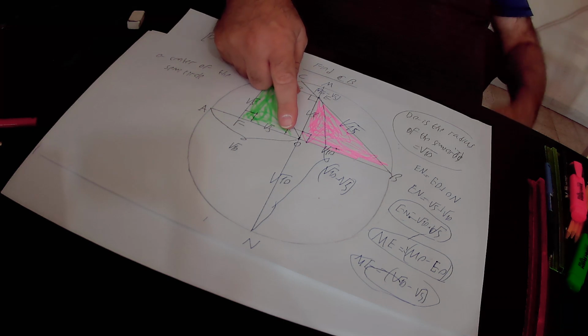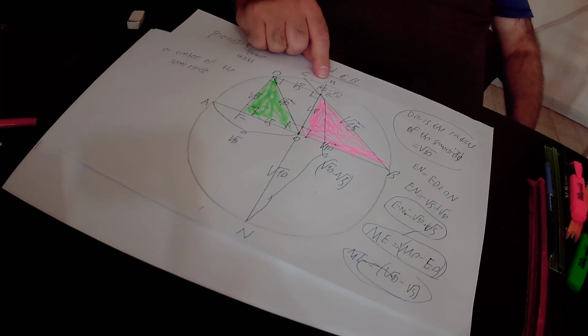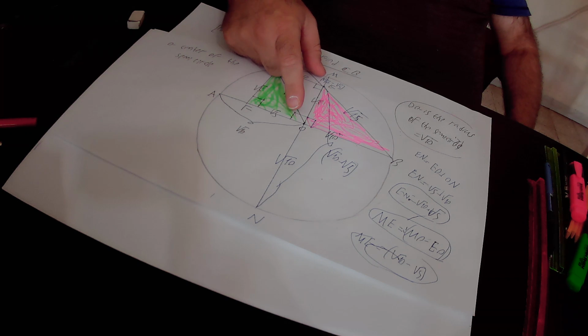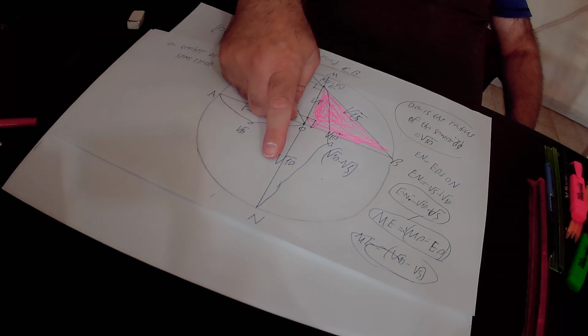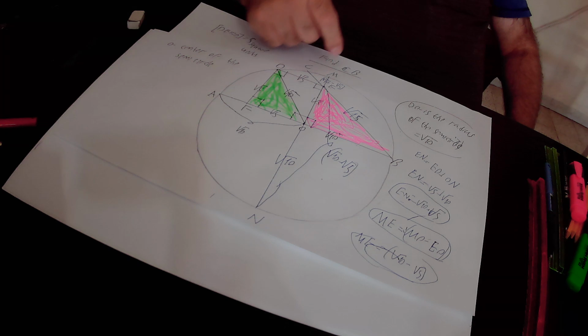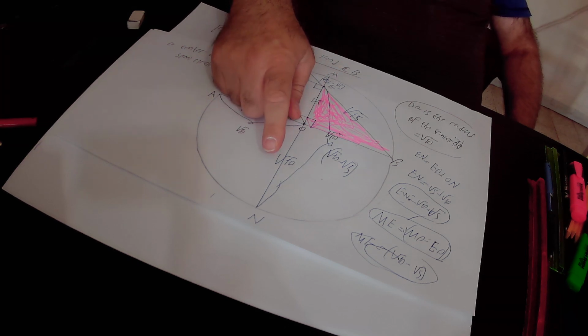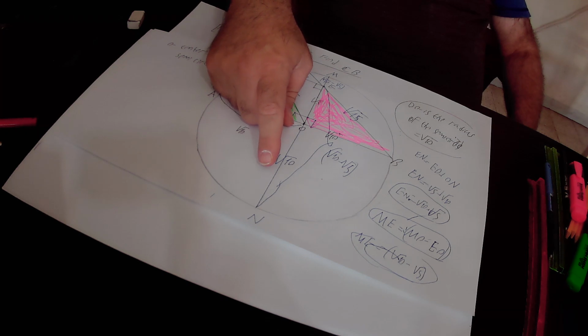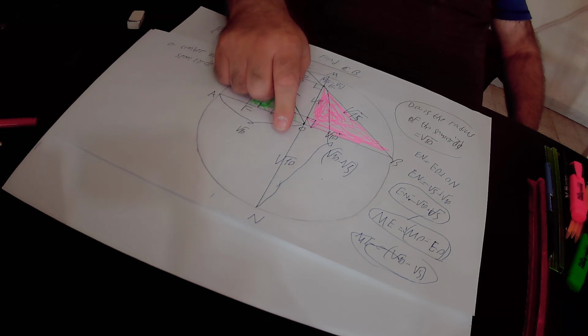We extended it towards the upper side of the circle, and this touches the circle at point M. We extended EO towards the lower side of the circle, and it touches the circle at point N. ON is the radius of the circle, because it starts from the center and ends at point N, a point of the circle itself. Therefore, ON is the radius, equal to the square root of 10 units.